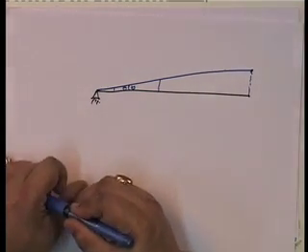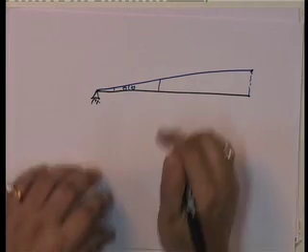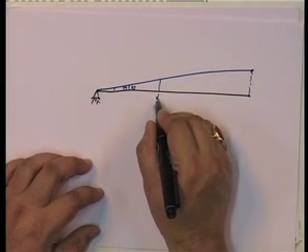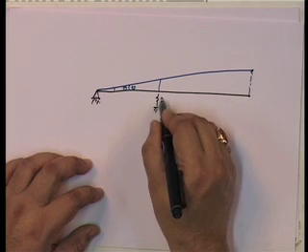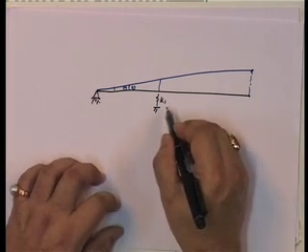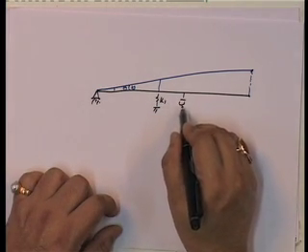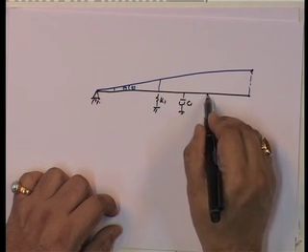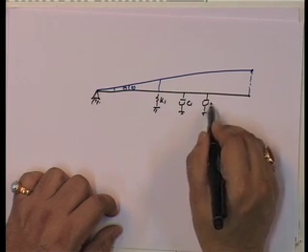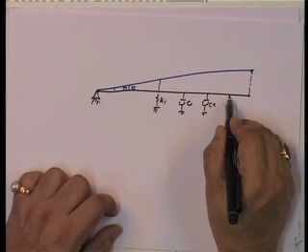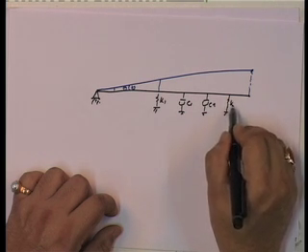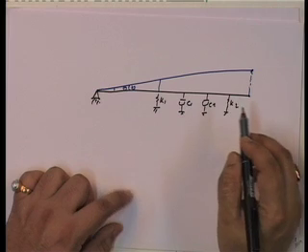And so, if I were to plot this, this is where K1 is, this is where C1 is, then this is where C2 is, this is where K2 is. Okay?